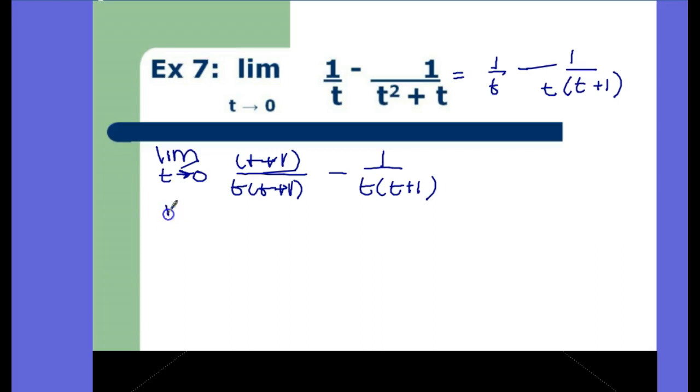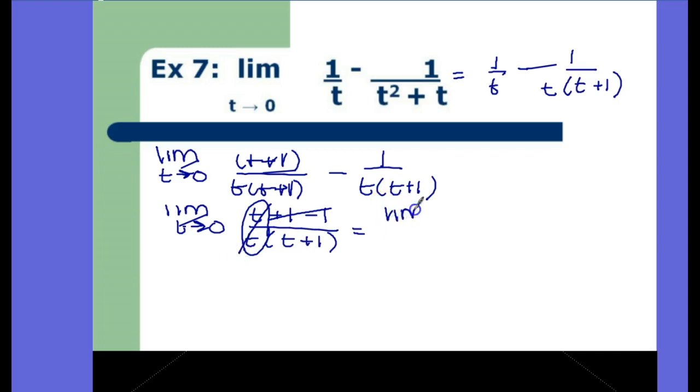So now that I have a common denominator, we get t plus 1 minus 1 all over t plus 1. So the 1's cancel. And then after you cancel your 1's, we'll notice we can also cancel t over t.